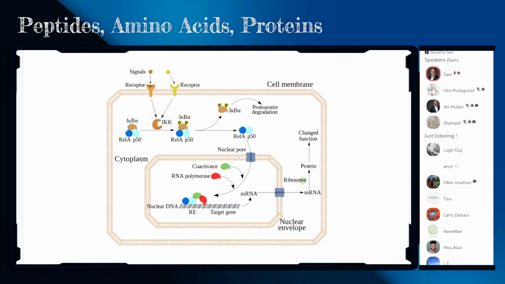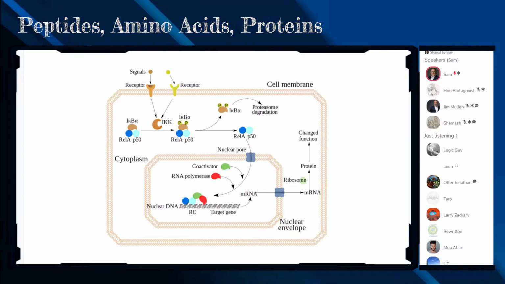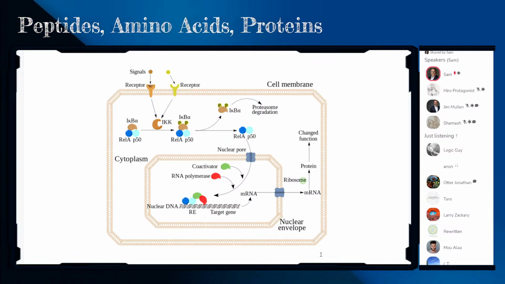So we have a ton of proteins in our bodies, and how much protein we see on slide 3, that about 16 to 20% of an average adult's body is made up of proteins.